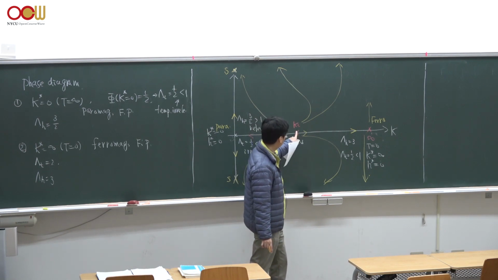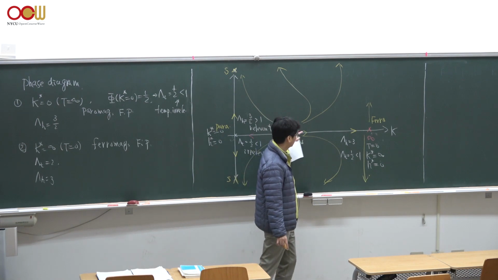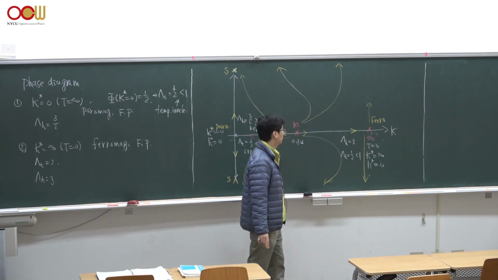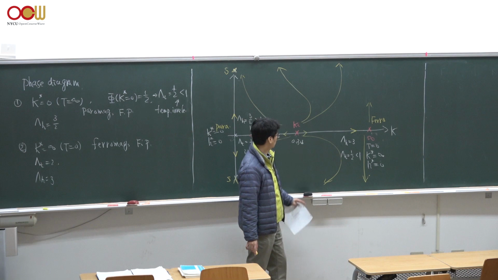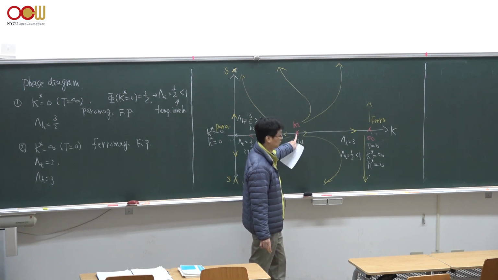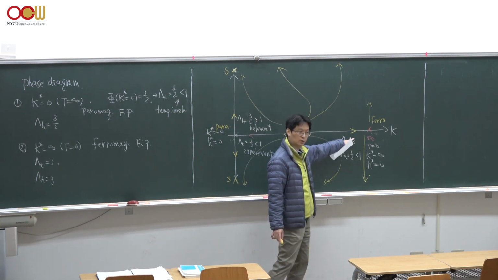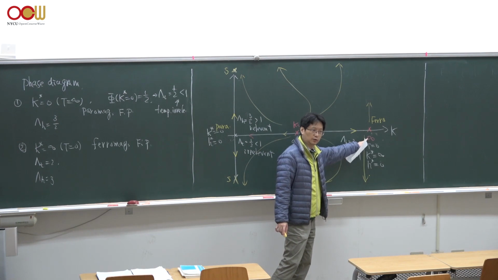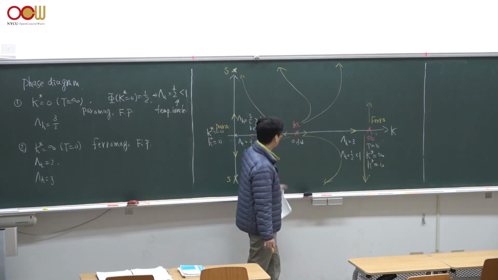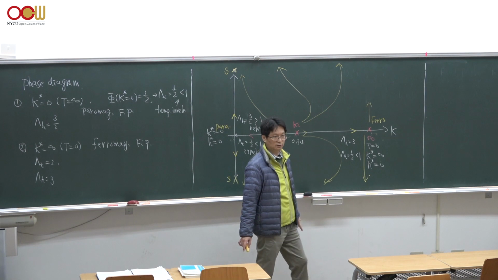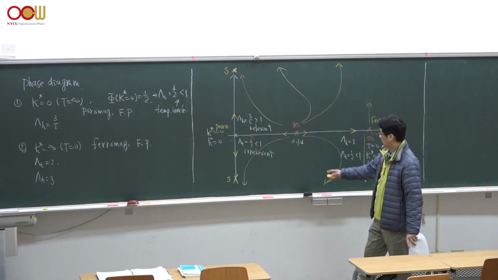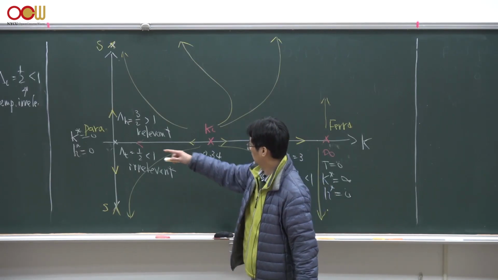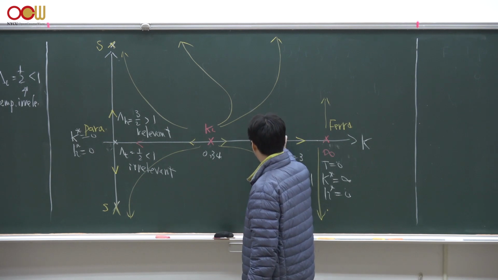On the right side of Kc, the flows are towards infinity, which is the ferromagnetic phase, meaning if the temperature is less than the critical temperature, the system will order and become the ferromagnetic ground state. On the other hand, if the temperature is above Tc, then you end up in a paramagnetic high temperature phase.